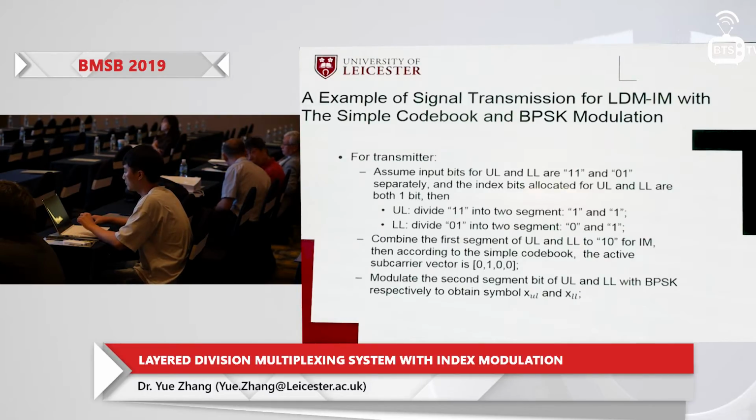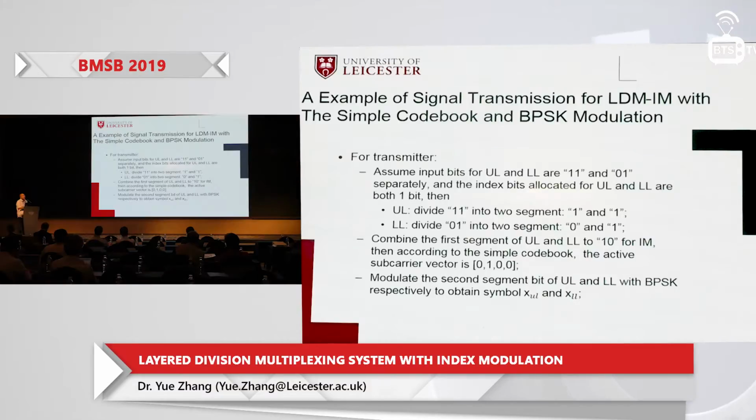Then we modulate the second part, which in this example is 11, the same as traditional QAM. It depends on what modulation you need: you can use BPSK, QPSK, 16-QAM, or 64-QAM. This gives the LDM part.